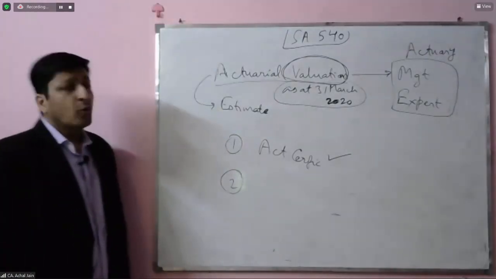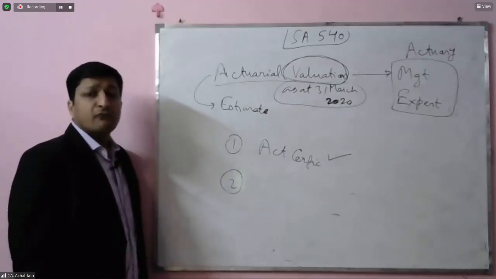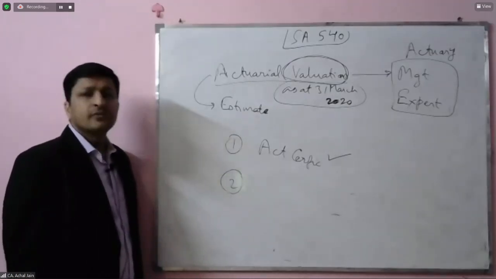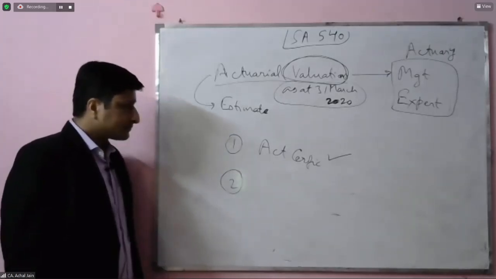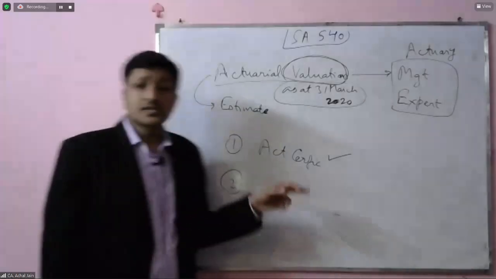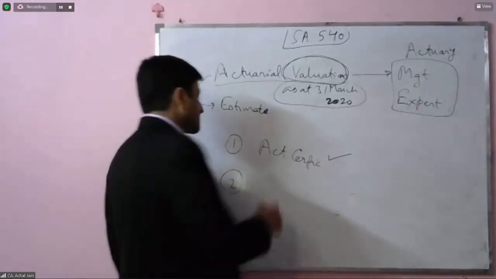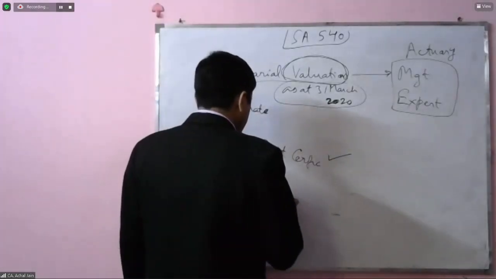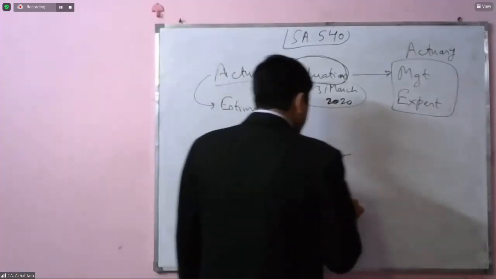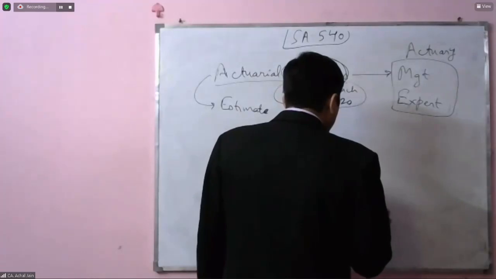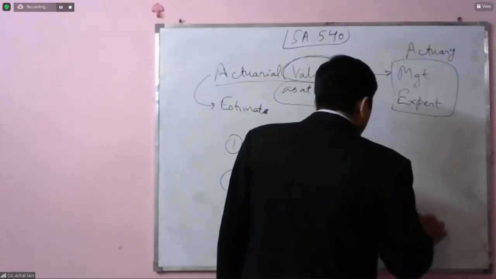Irrespective of who is engaged by the management, means whether the valuation is done by the management itself or management gets it done through an expert who also issues a certificate in respect of that, auditor performs his audit procedures on the valuation.